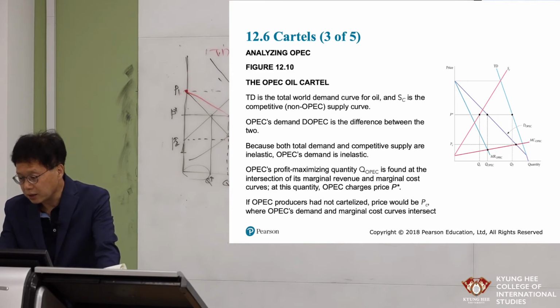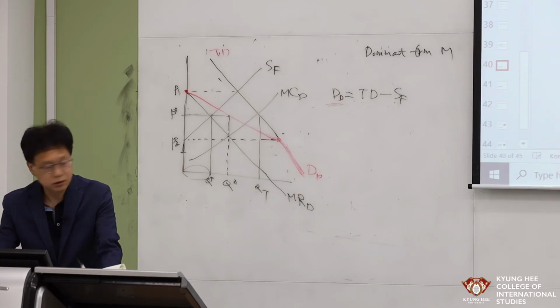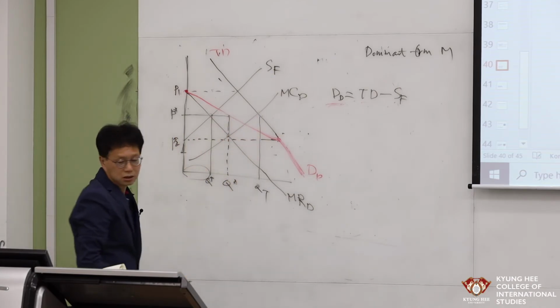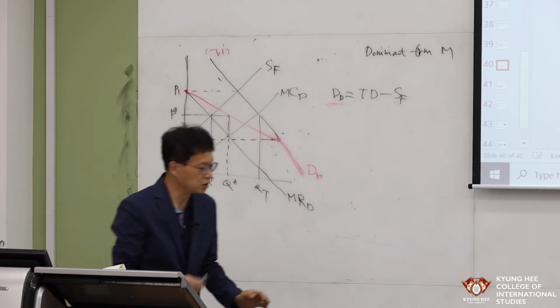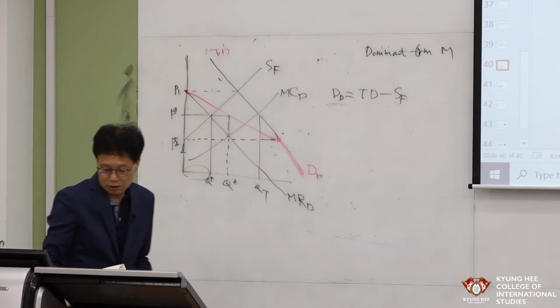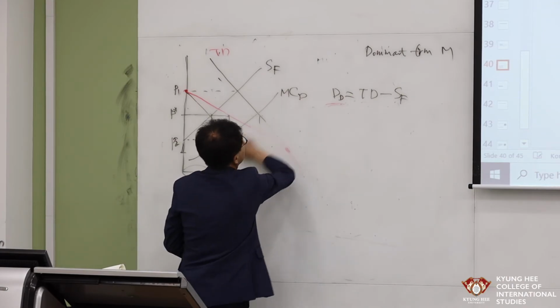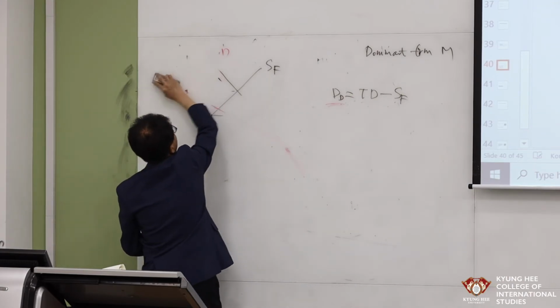Demand is equal to marginal cost. So demand is equal to marginal cost. Okay, this is not a good example. Now think about the OPEC case. I'd like to do this one again.